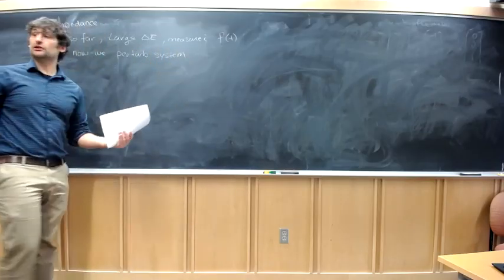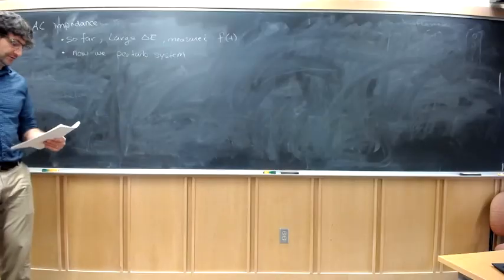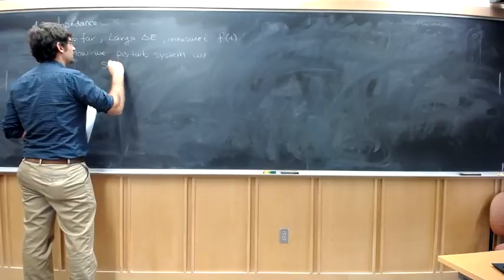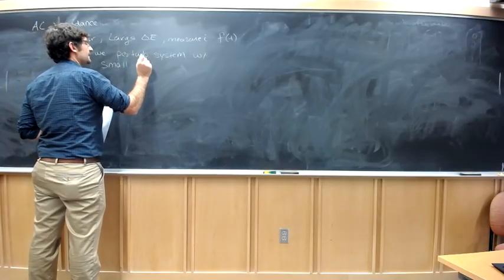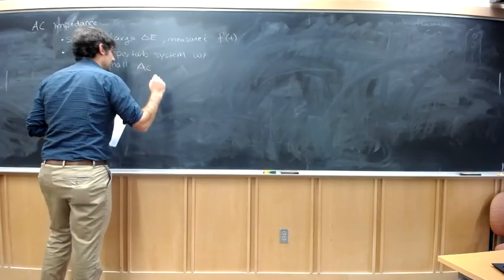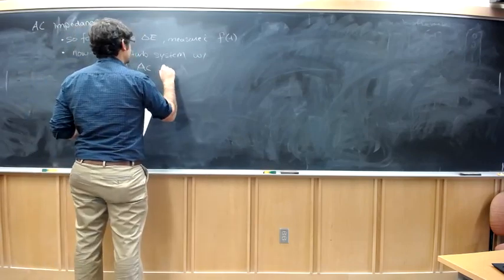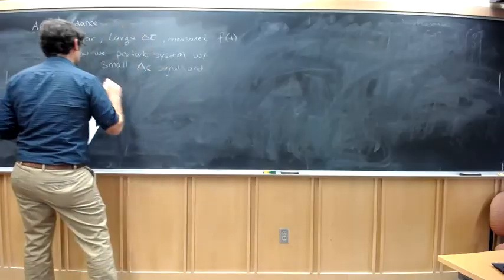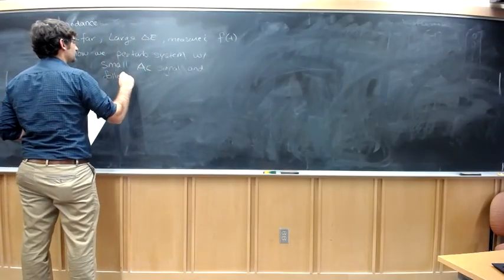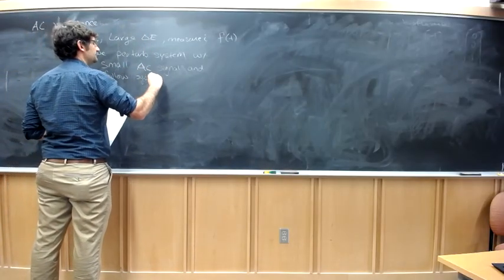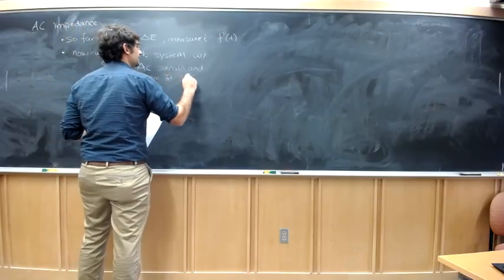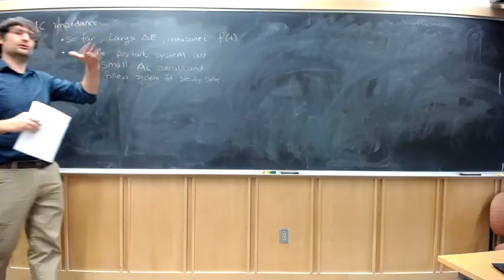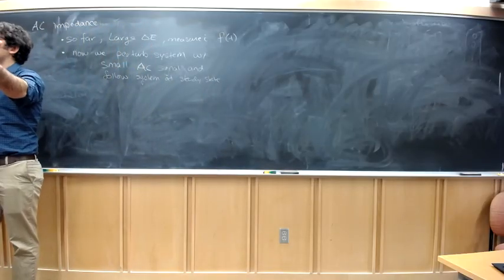So the system is our electrode and our counter electrode and a reference electrode, the electrolyte, with a small AC perturbation or signal, and follow the system at steady state. We'll see what I mean in a second. So basically, as this perturbation is getting applied, you see what happens to our system.